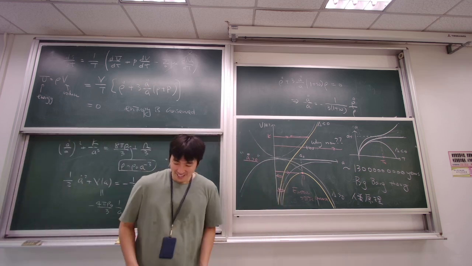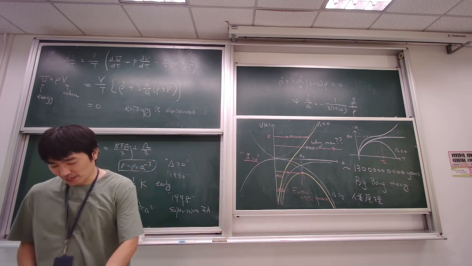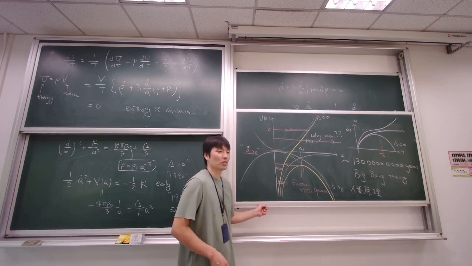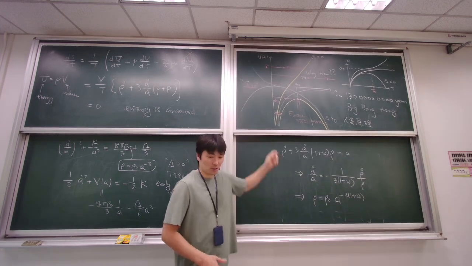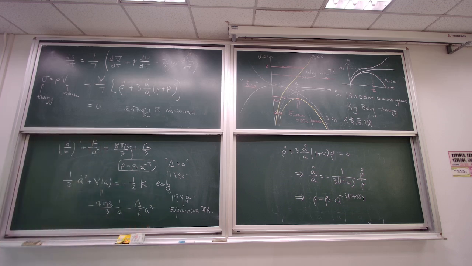Anyway, people try to answer the why now problem, but as far as I understand, there are no solid answers to this question. Okay. Any question at this moment? Otherwise, I will move on to zeta.